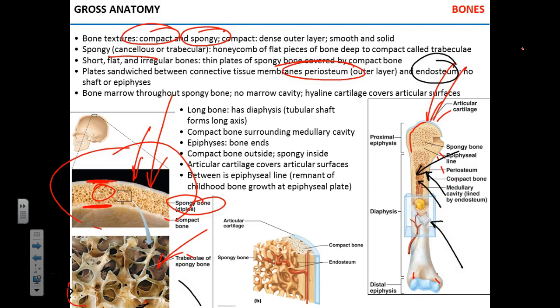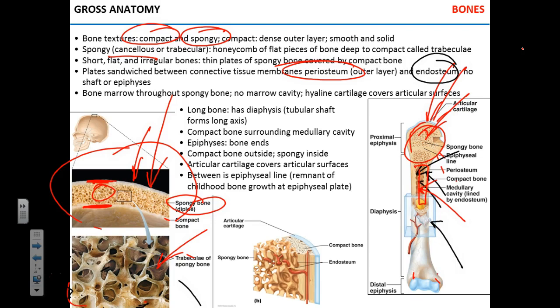In the long bones, bone marrow will be found either in the medullary cavity or filling up spaces in the spongy bone in the epiphysis. No, both, of course, both. Sorry about that. It's going to be in both. Red bone marrow will be in the epiphysis. Yellow bone marrow will be in the cavity. Okay? Don't think that the bone is empty inside. It's not.